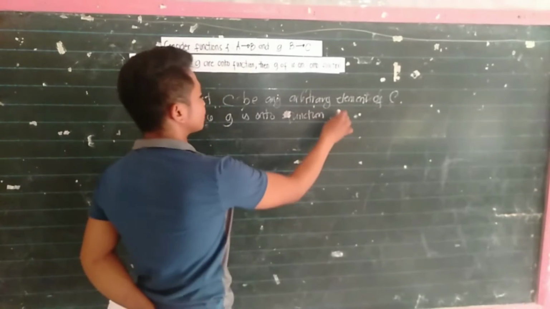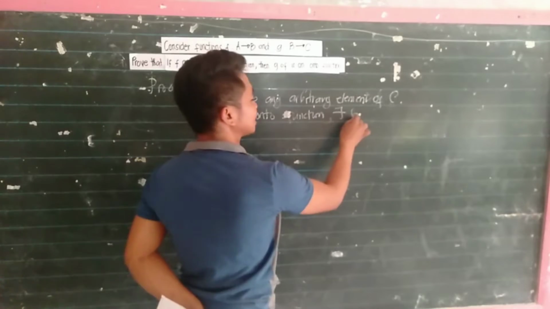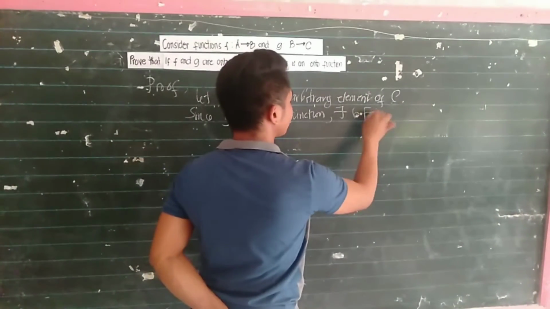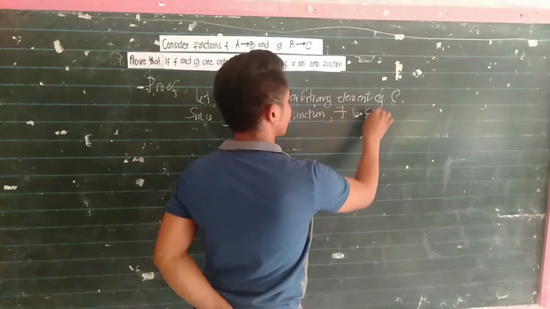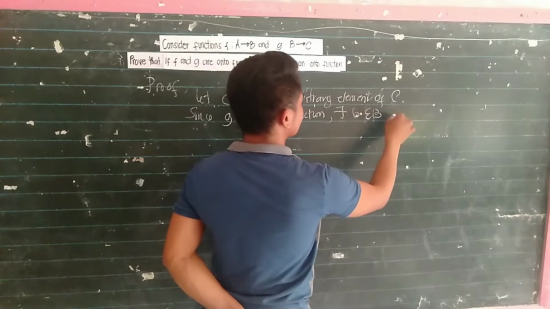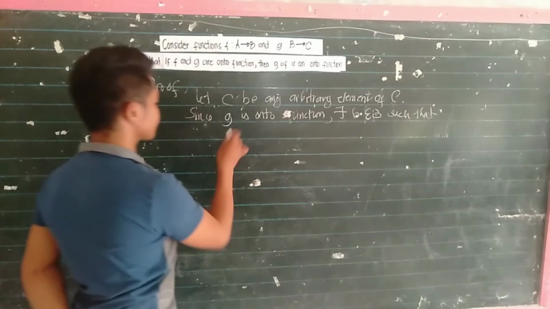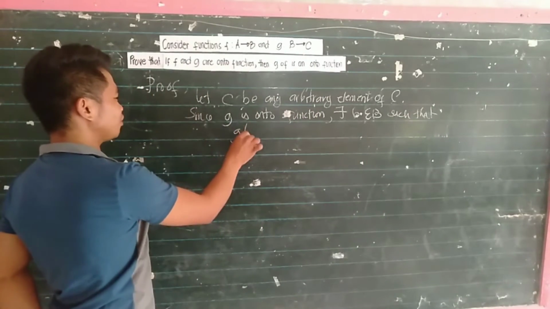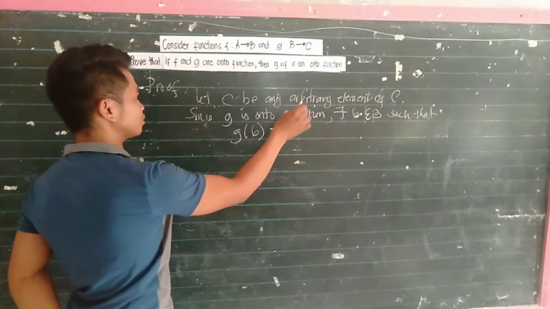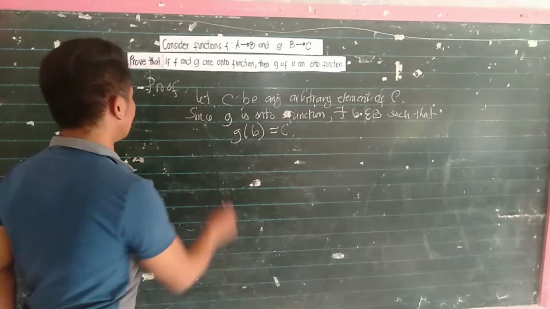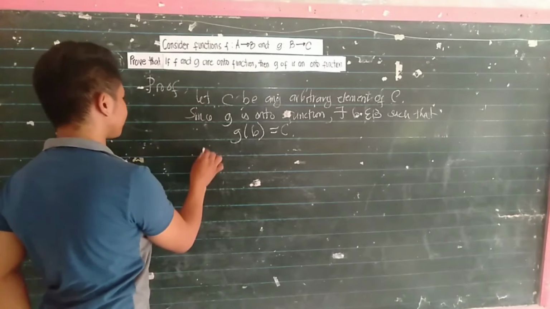then there exists b, an element of B, such that g of b is equal to the element c in C. Next, let's proceed with f.